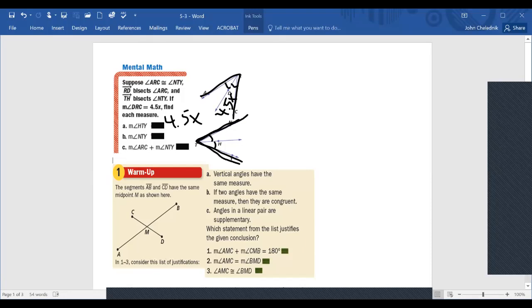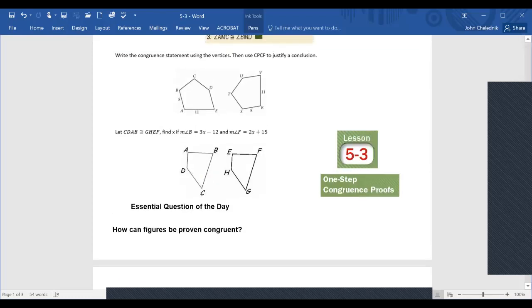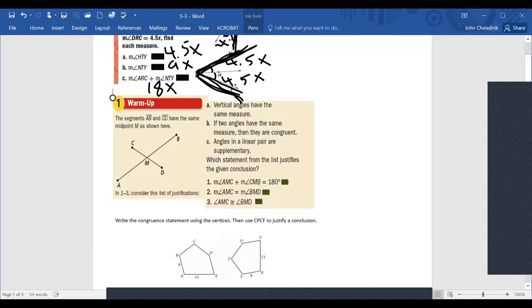That would be 4.5x plus 4.5x, that's 9x. And then angle ARC plus NTY, that's this angle and this angle, that's 9x plus another 9x, that would be 18x.